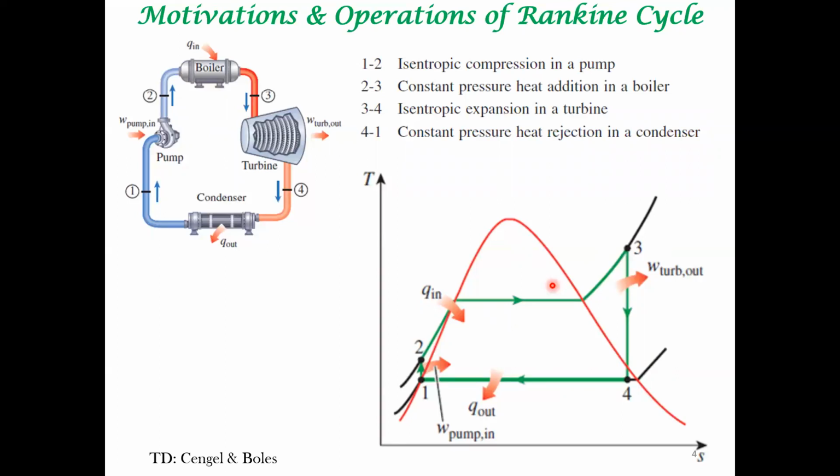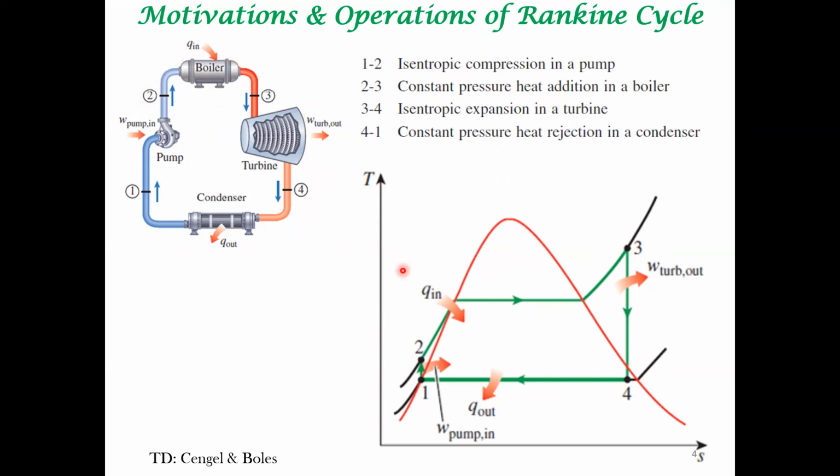So how does a Rankine cycle work? You have an isentropic compression in a pump from 1 to 2. That is the process shown here. There's a work input via the pump. And then from 2 to 3, there is a constant pressure heat addition in a boiler.